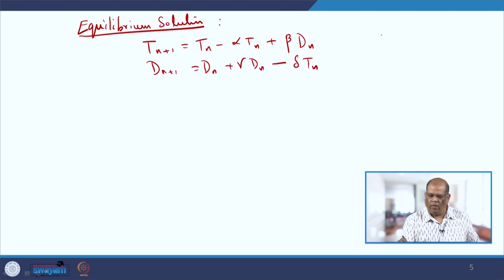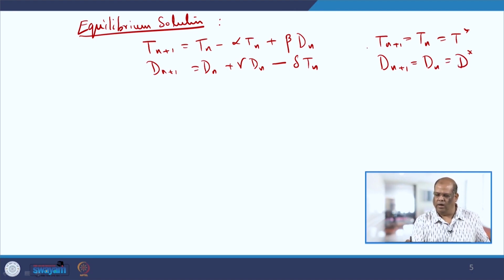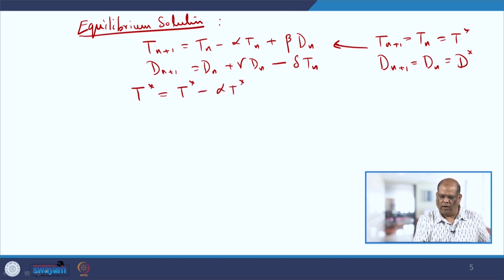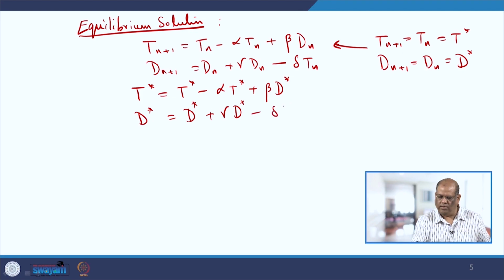For equilibria, there should not be any change from generation n to generation n plus 1, and hence we take both the values to be T star and D star, and you substitute them here. So you get T star equal to T star minus alpha T star plus beta D star, and D star equal to D star plus gamma D star minus delta T star.